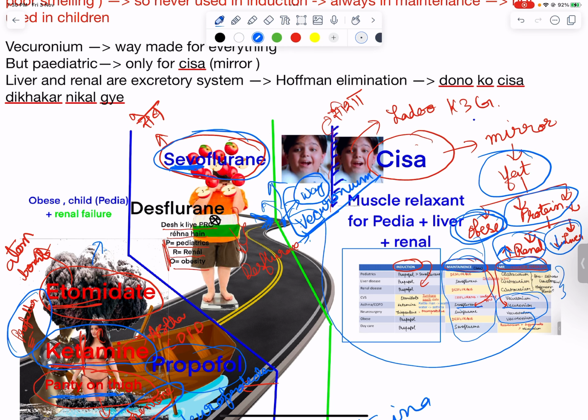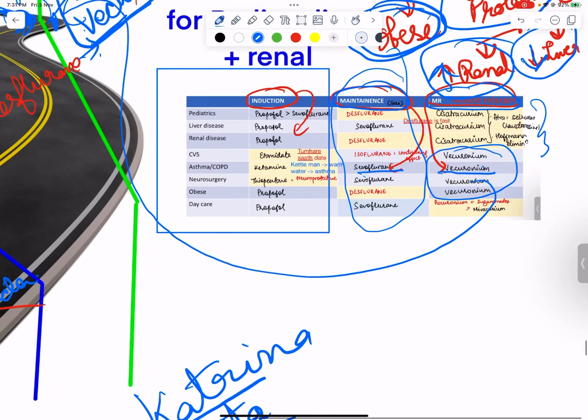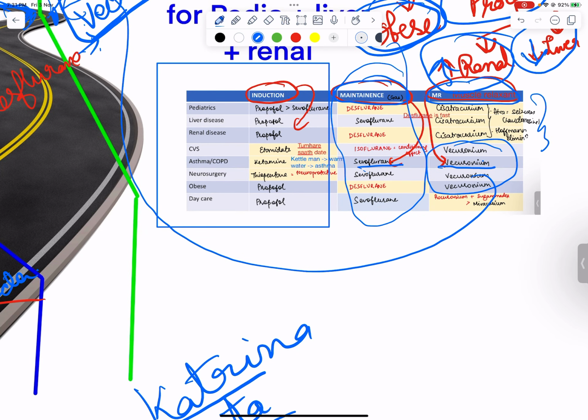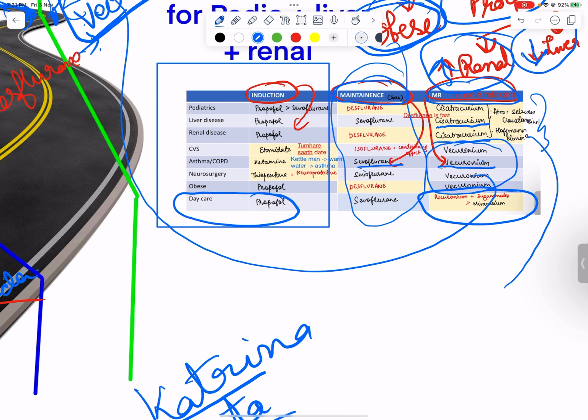And you have to remember separately that in daycare you have to use rocuronium and sugammadex. And you also have to remember that this is atracurium. Since it is being used in liver and renal disease, it is being eliminated by Hofmann elimination.